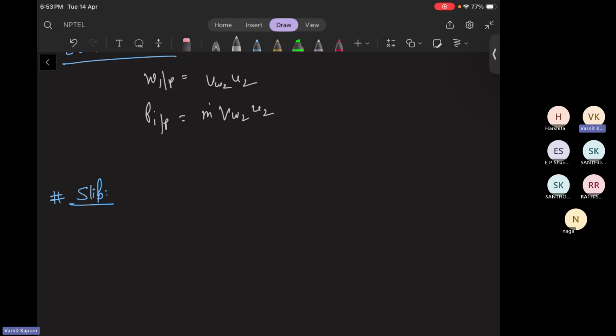Air is trapped between the blade passage due to inertia, which creates a pressure difference across the blade. The whole fluid is not able to follow the complete blade profile, and the fluid particles deviate from the ideal path. This deviation is known as slip.